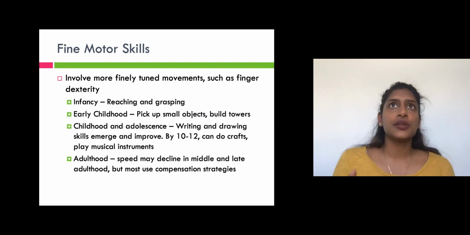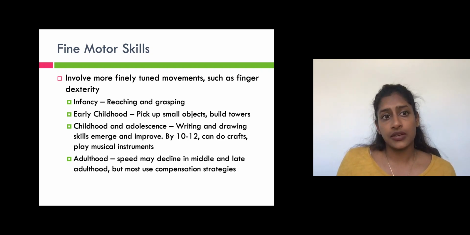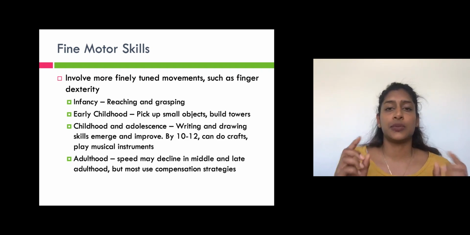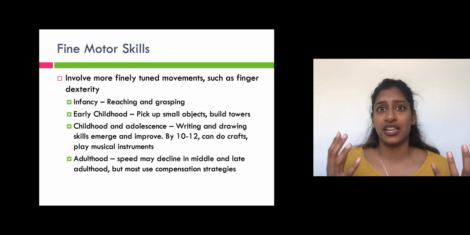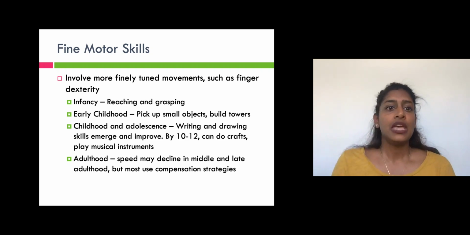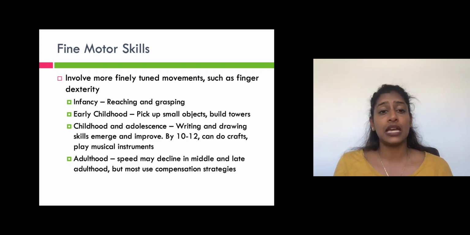All right, as a review, those gross motor skills are related to those large muscles. Our fine motor skills are related to fine-tuning movements. These are things related to finger dexterity, right? Grabbing and pulling and writing. In infancy, this is related to things like reaching and grasping.